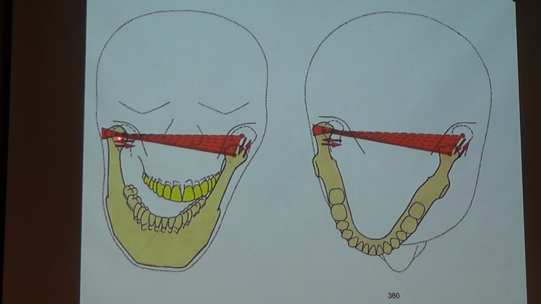This one basically rotates and doesn't move too much. But here you see that if you trace a line, this condyle goes medially as well. It means this is not a bad movement, this is a natural movement.